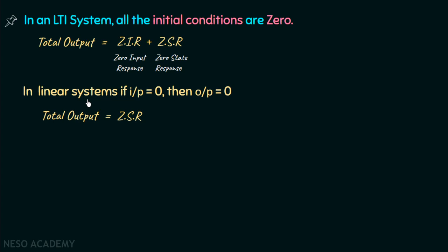And if the system is not linear, it will not be LTI. So we can say that for the system to be an LTI system, the initial conditions must be 0, the zero input response must not exist in the total output, and the total output must be equal to ZSR, that is the zero state response. This is the must condition for an LTI system.